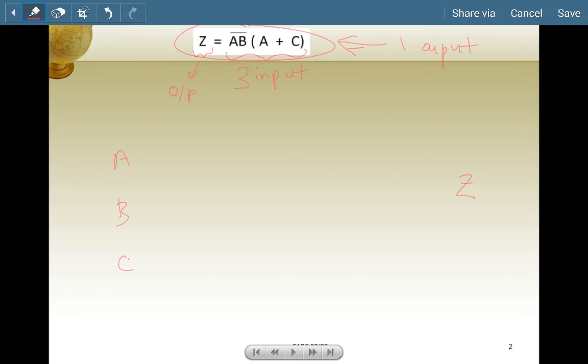You need to draw this expression here, but before you start drawing, you should ask yourself, what am I trying to do, on a high level, as the eventual outcome? You've got A B bar, and you're trying to AND it with A plus C. So on a high level, you're trying to AND one expression with another expression.